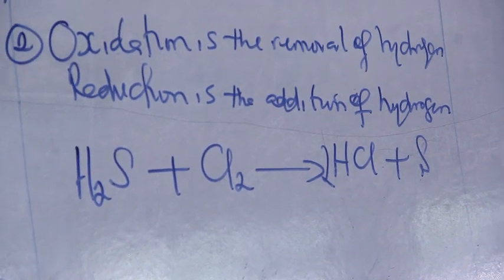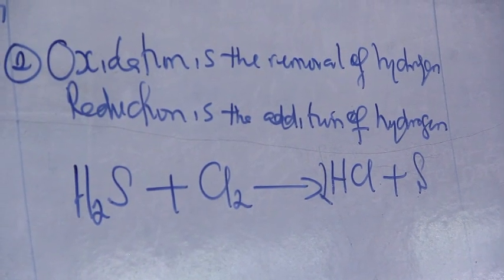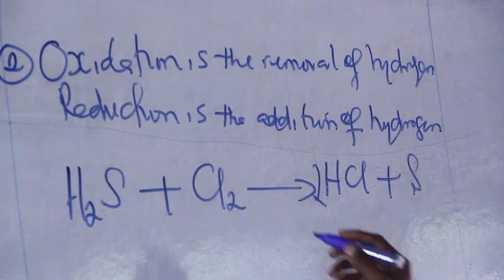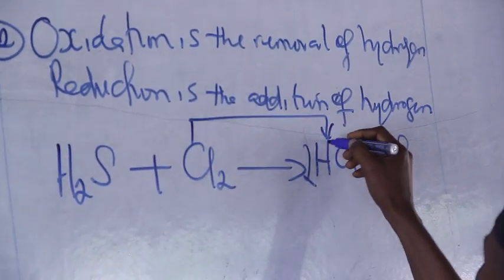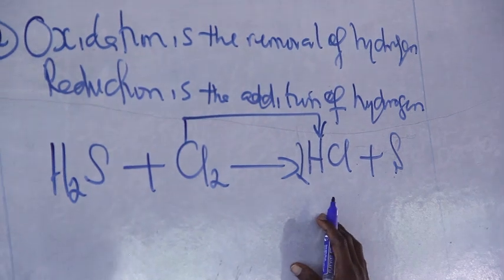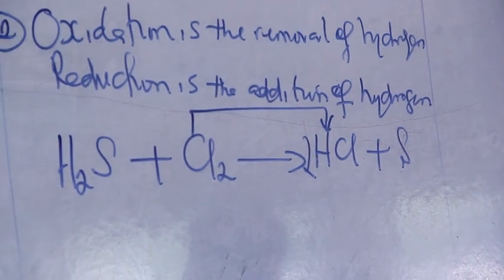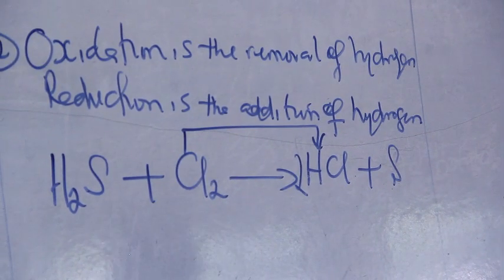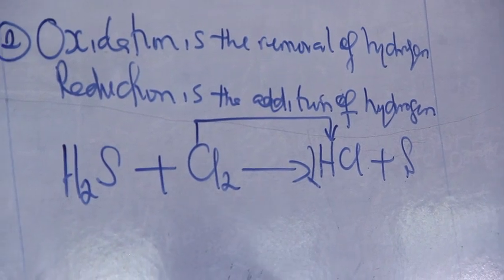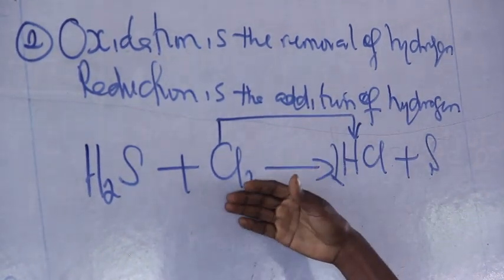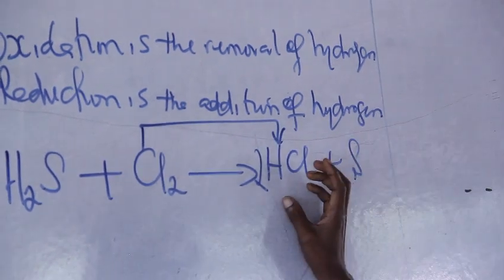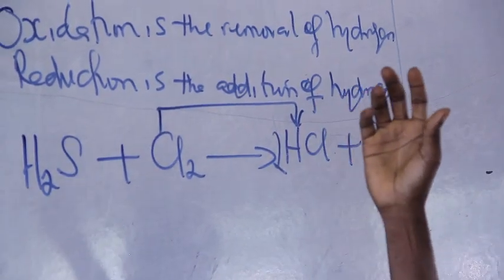This is an equation. If you move from chlorine to hydrogen chloride, what happens here? There is addition of hydrogen, because hydrogen was added to chlorine, that is why you have hydrogen chloride. And what process involves addition of hydrogen?